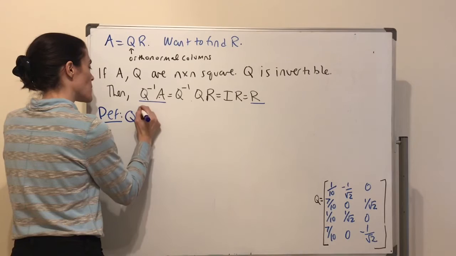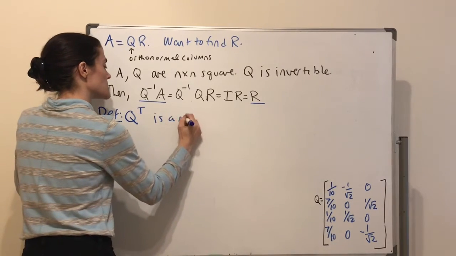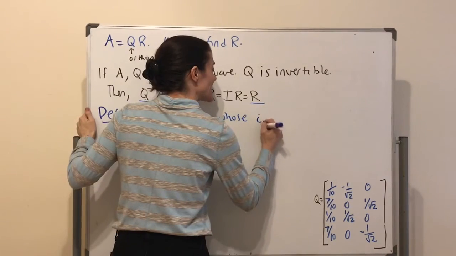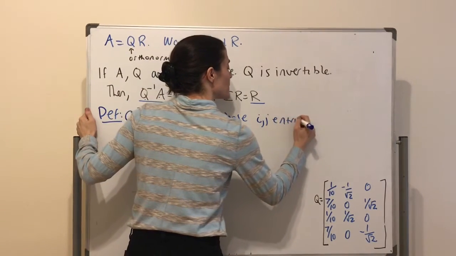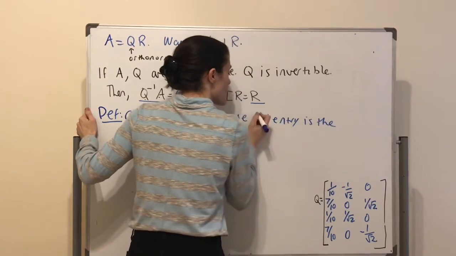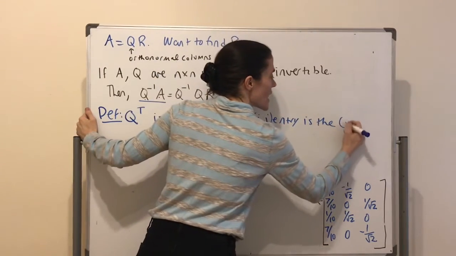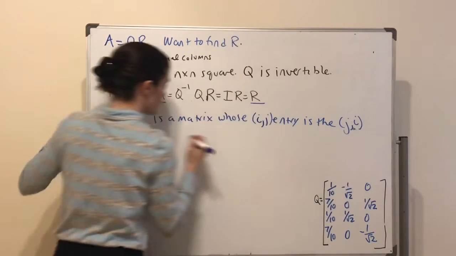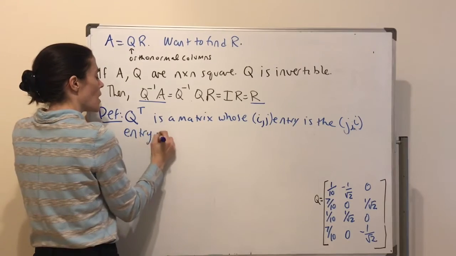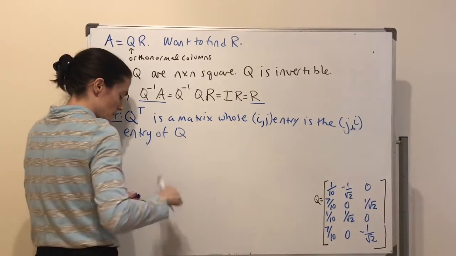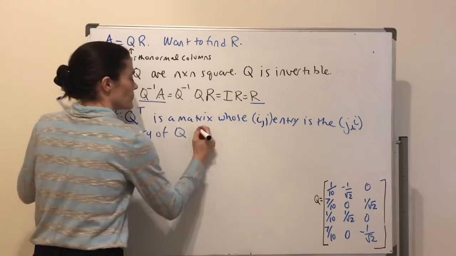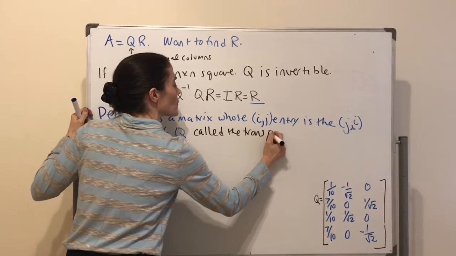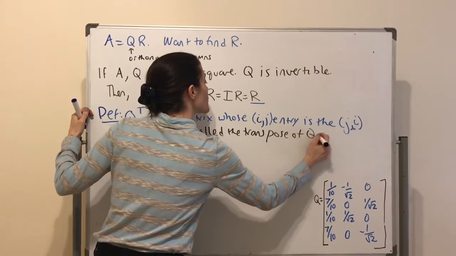So Q transpose is a matrix whose IJ entry is the JI entry of Q. And this is called the transpose of Q.